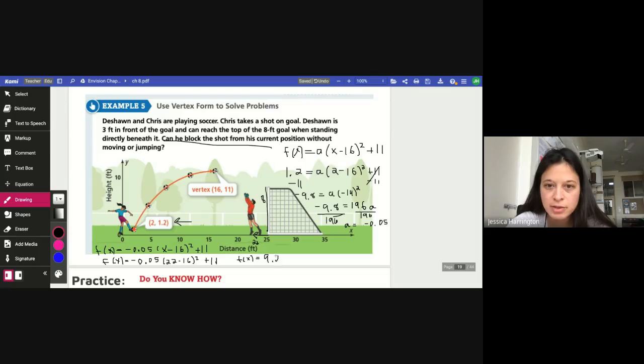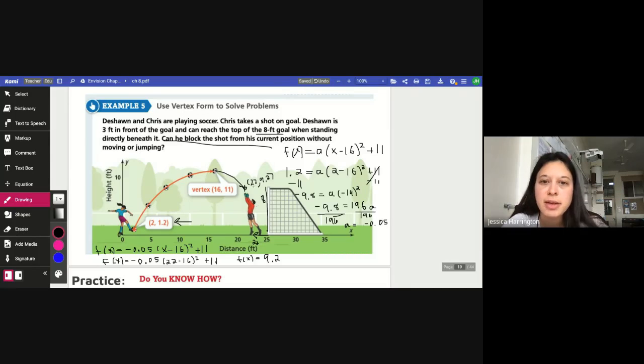So that means at his current spot, when the ball reaches this spot right here, it will be at the point 22, 9.2, because that's the distance he's at. It'll be 9.2 feet off the ground. He can only jump 8 feet.